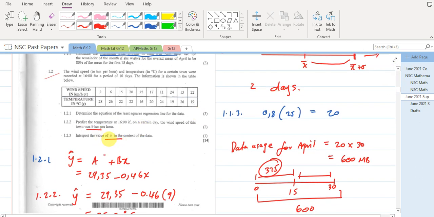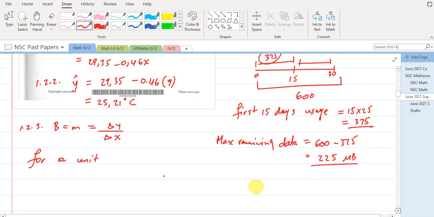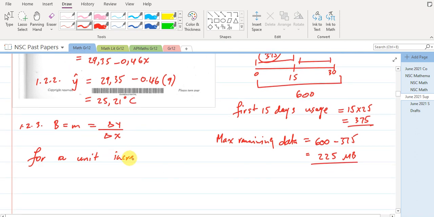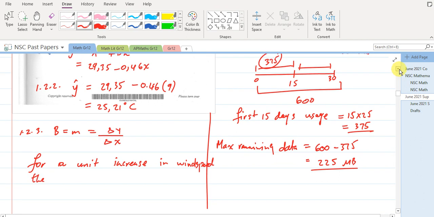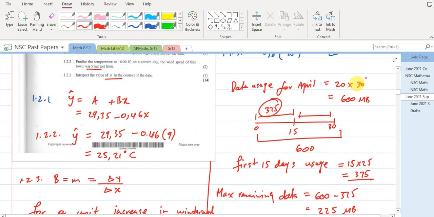For a unit increase in wind speed, the temperature decreases by 0.46 degrees Celsius.